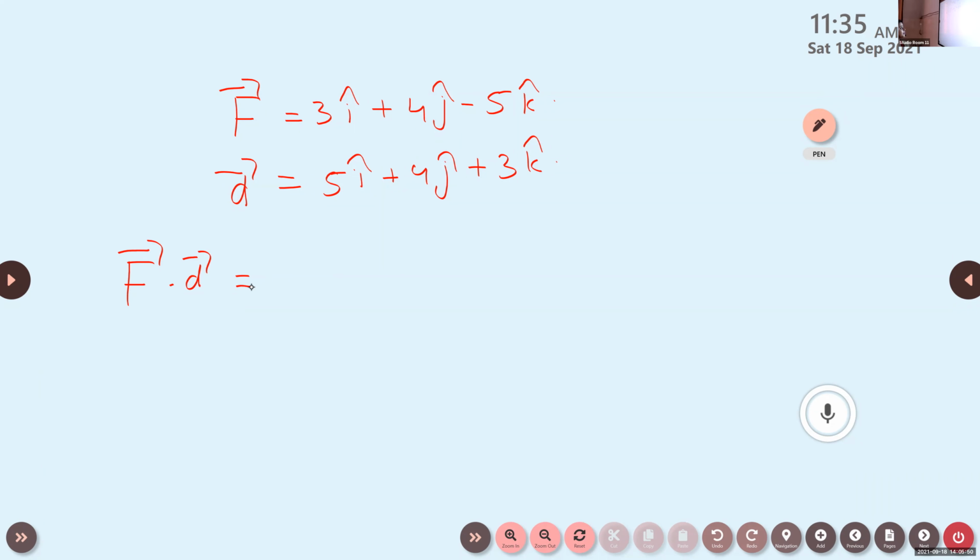You just multiply the components of x, y, and z of the force and displacement vectors respectively. Is it complete, Rahul? Fahis, did you get the answer? F dot D.